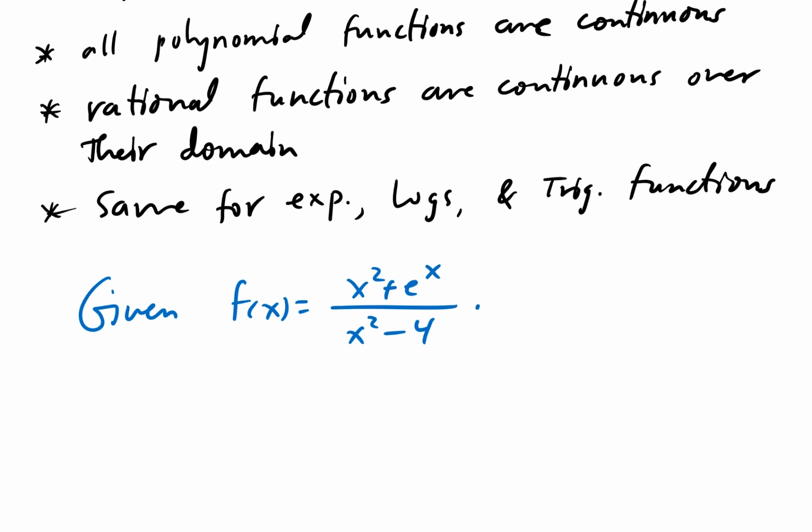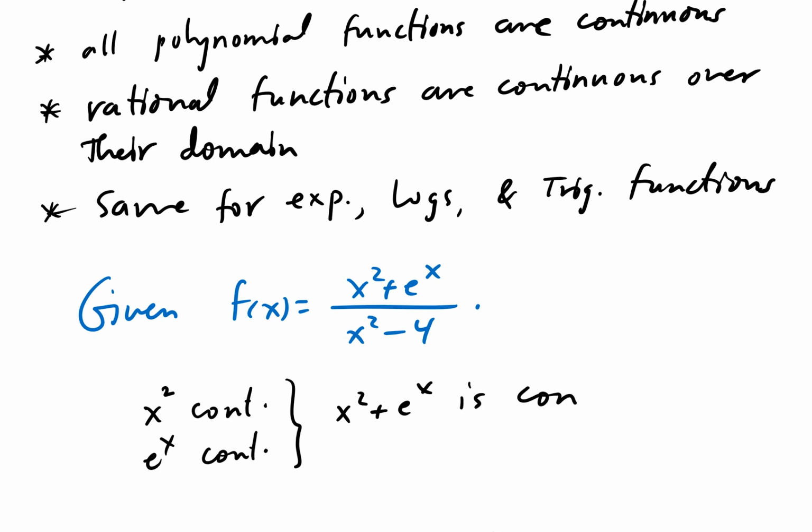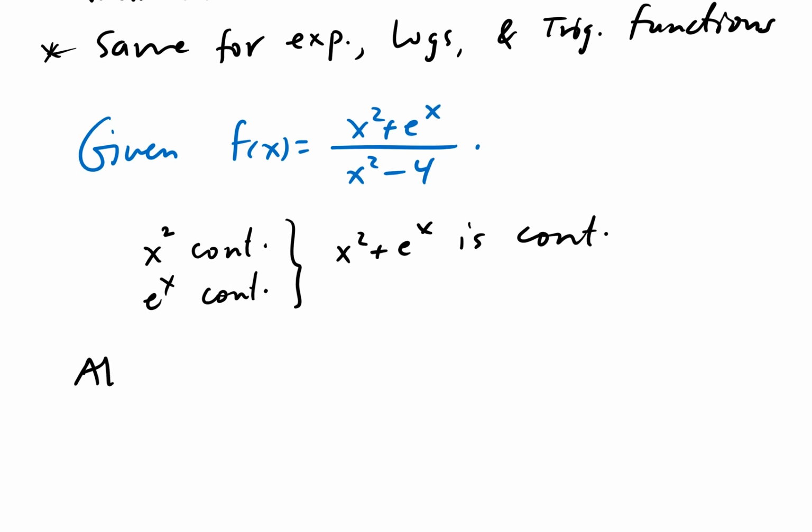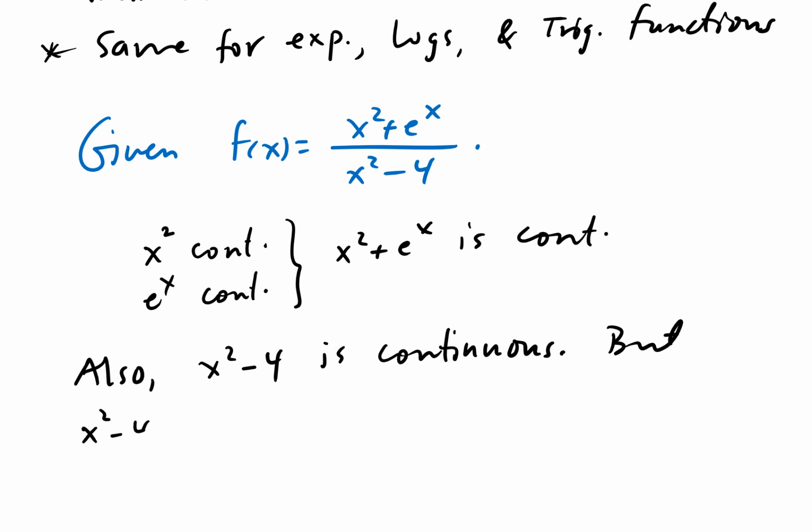So how can I analyze this? x squared is continuous. e to the x is continuous. This means the sum is continuous. Also, x squared minus 4 is a polynomial function, so it is continuous. But keep in mind that the denominator cannot be 0.